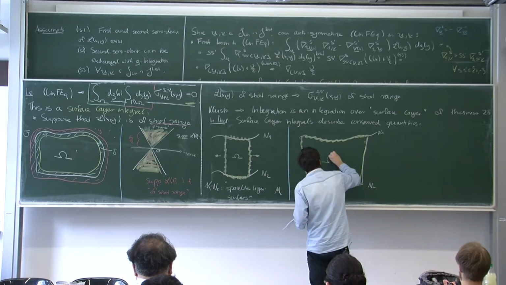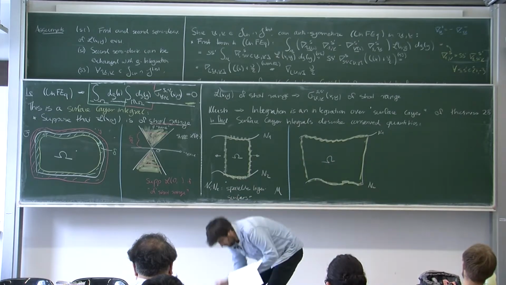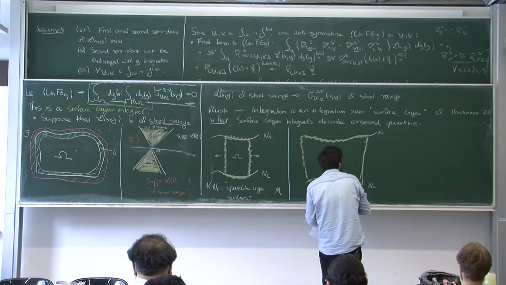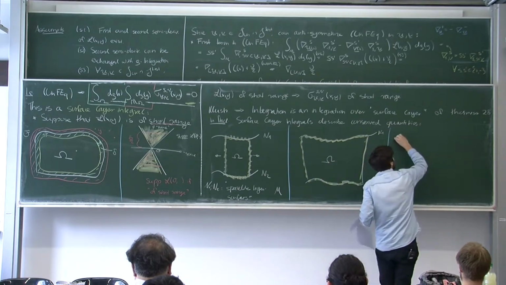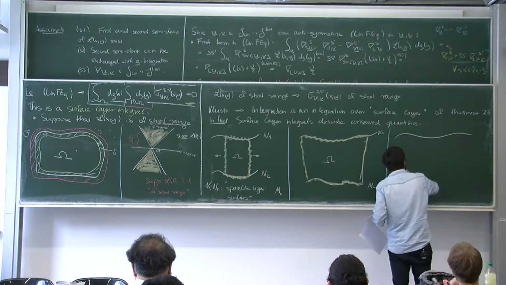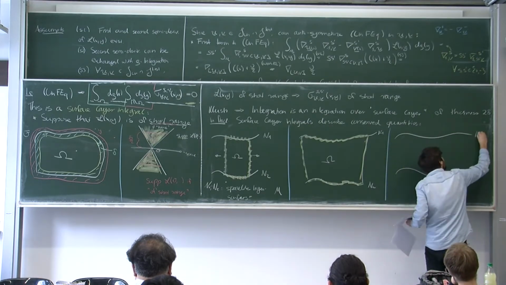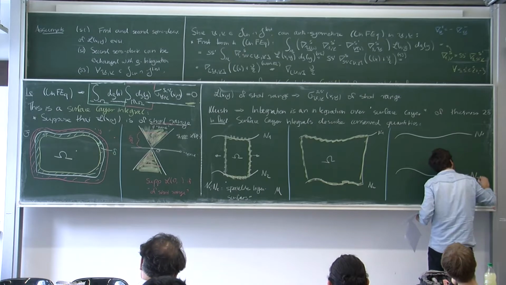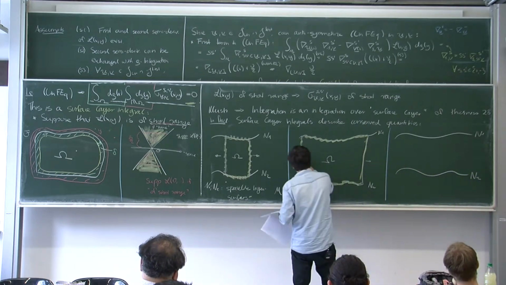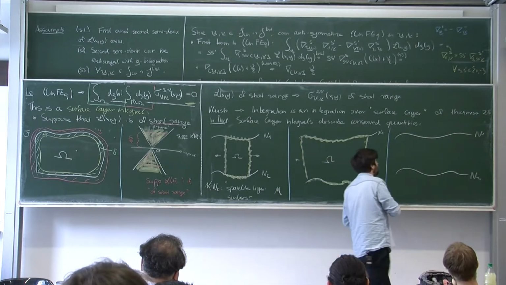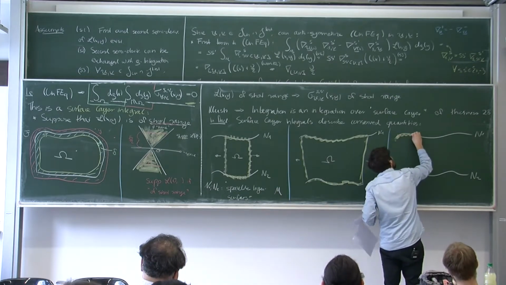So this is just to describe with pictures a compact exhaustion of this area. And then finally, we would have a situation like this, where we have the N1 here, and the N2 here. And this is still going out to infinity. And finally, we would have just an integration over those two parts.